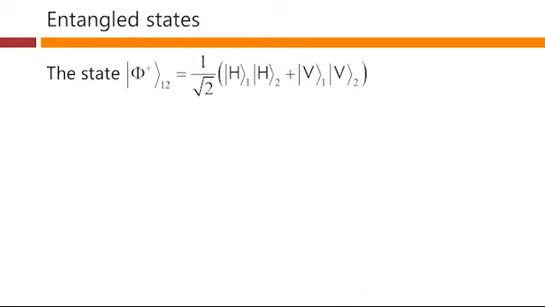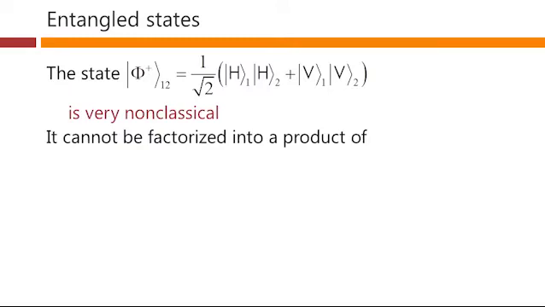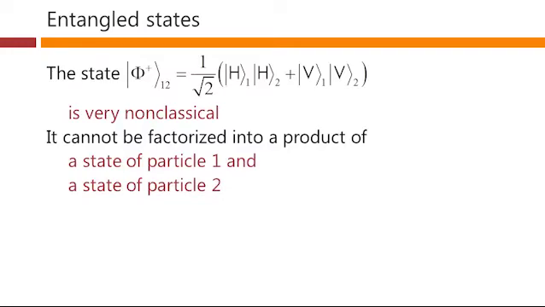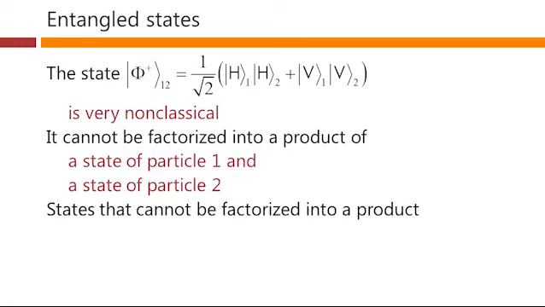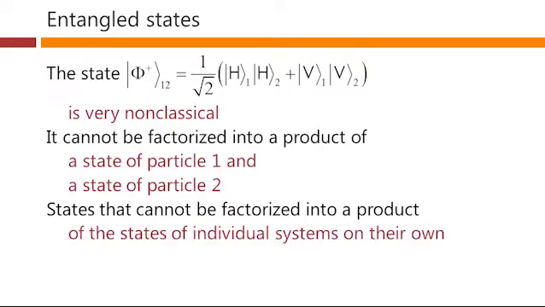The state that we've written here, though, is very non-classical. It cannot be factorized into a product of a state of particle 1 and a state of particle 2. States that cannot be factorized into a product of the states of the individual systems on their own are said to be entangled.